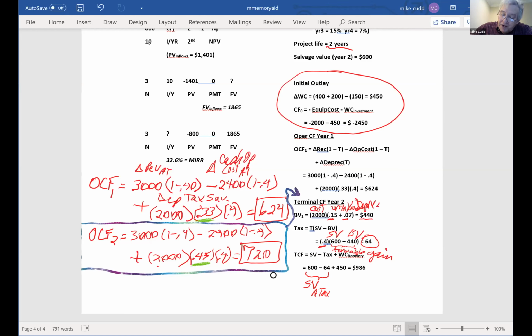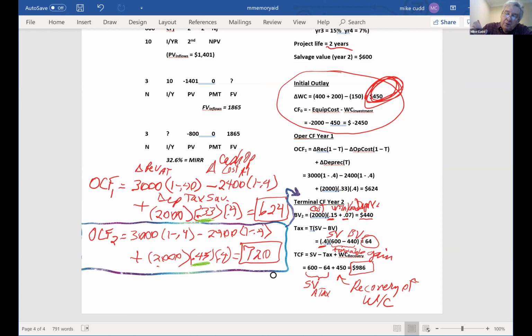And then we would have recovery of the initial working capital, which in this problem was 450. And that would give us a terminal cash flow of 986.